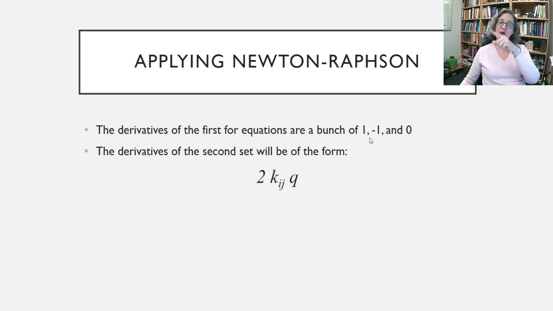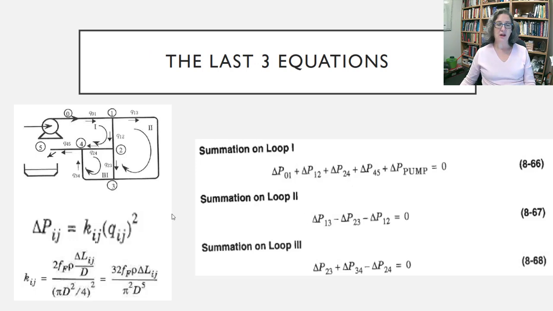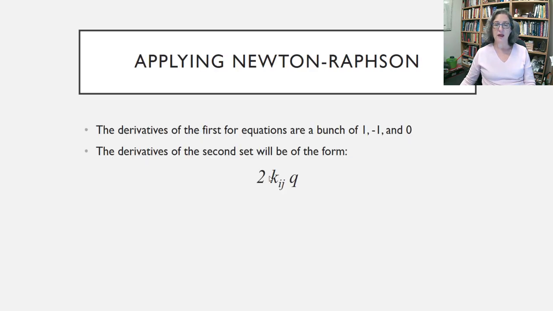So you're going to get all your entries for the first 4 equations be 1s and 0s, negative 1s and 0s. For the second set, go back and look, I've got k times q to the second power. If k is constant, then this is going to be 2k times the q. And so I'm going to have that for that, or 0, for my various terms for the last 3 equations.